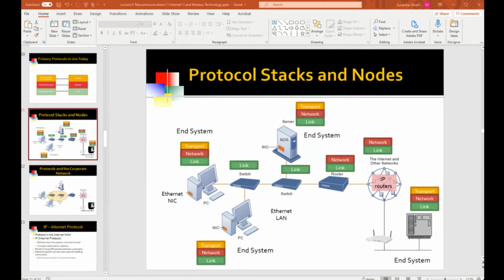It moves through the routers and switches all the way to the end system. So exchange of information is happening between end systems, and the routers and switches are there to essentially steer the information in the right direction so that it ultimately gets to the end system. The other two types of nodes are switches and routers.